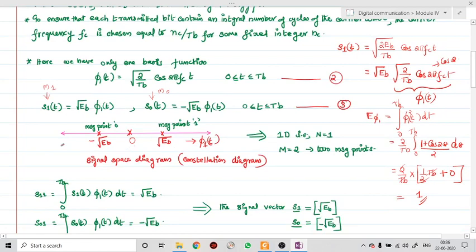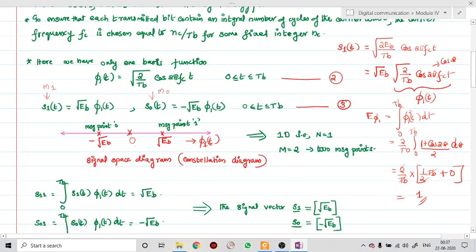Now this is the graphical representation of the BPSK signal space, the signal space diagram or constellation diagram. This is my basis, so I have only one basis. So it is a one dimensional signal space, because I need only one basis to represent the signals that I transmit.